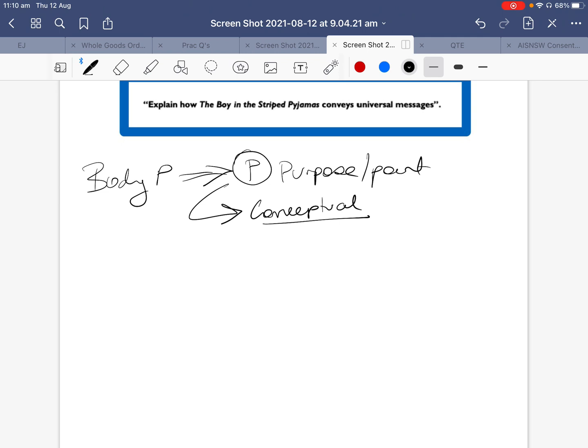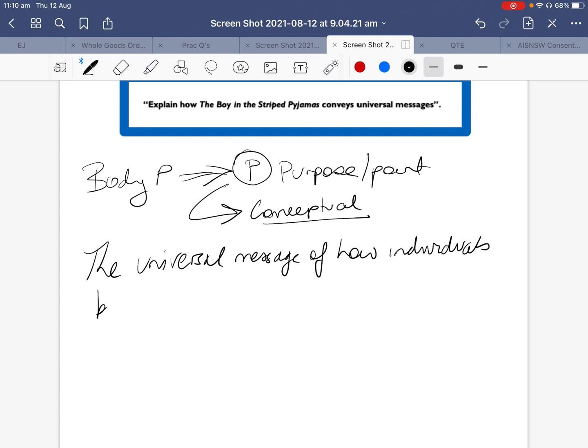Okay, so my example would be something like, which I stated before, the universal message of how individuals behave in moments of fear and oppression. Okay, so there's the beginning of my point.